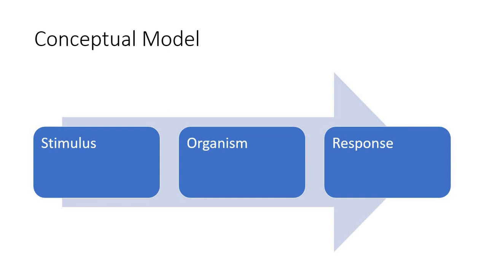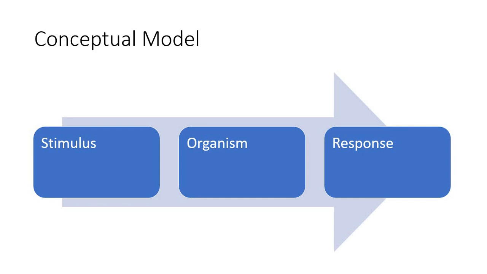This model conceptualizes that a stimulus affects organism, and then organism processes that stimulus, and then it gives a response. So this is the stimulus organism response model. So this is a conceptual model. Within this, which is abstract, we are not showing here what stimulus is, what organism is, or what response is.